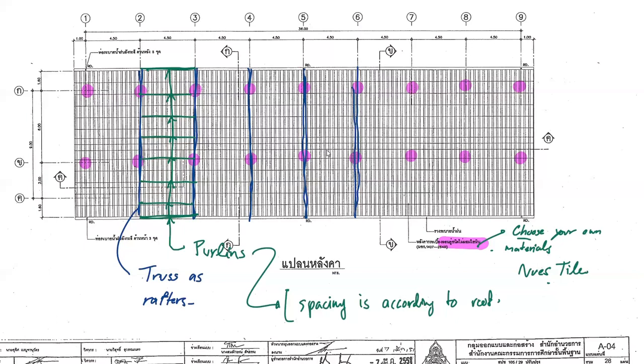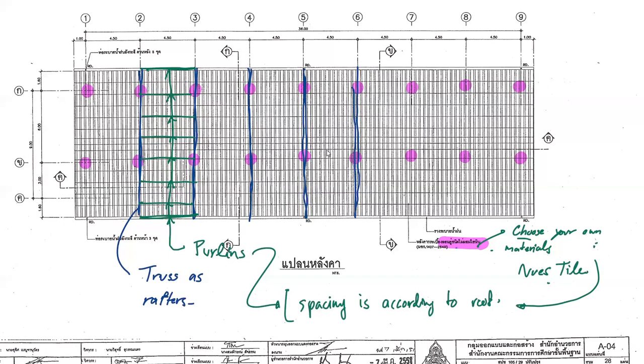So you choose your own materials, then you will know what kind of spacing you need for your truss. But remember, this will give you not only the spacing that you should base your truss configuration on, it will also give you the weight of the roof.